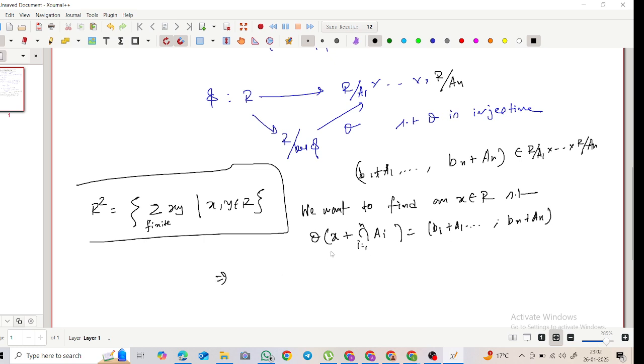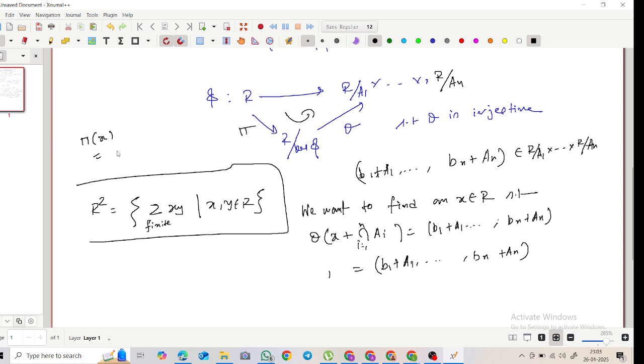But what is this map? What is theta of x? This diagram commutes, right? So this is nothing but phi of x equals b1 plus a1, because this is the canonical projection map pi. So what does pi do?